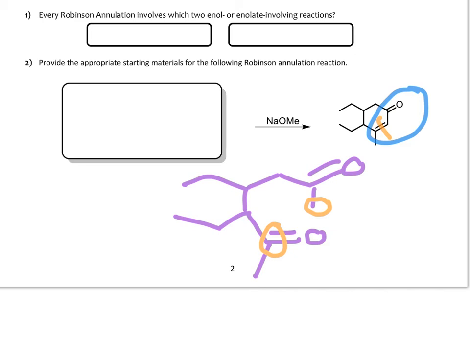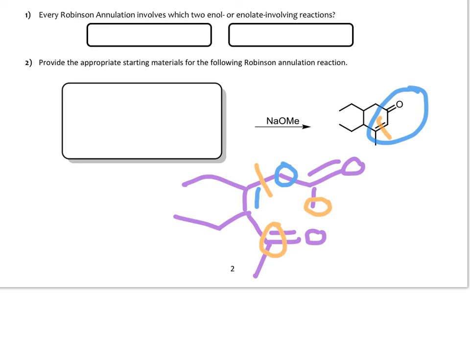We also know that the product drawn here in purple had to come from a Michael addition. A Michael addition always comes from an enolate attacking the beta position of an alpha beta unsaturated carbonyl. So this is the bond that's forming. Here in blue, this is the would-be nucleophilic carbon, which means that there should be a double bond here.